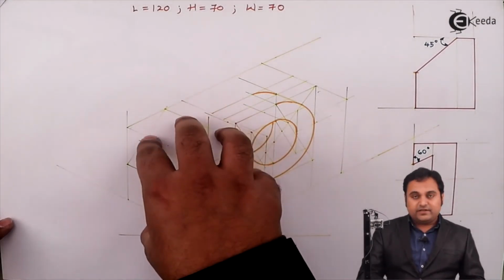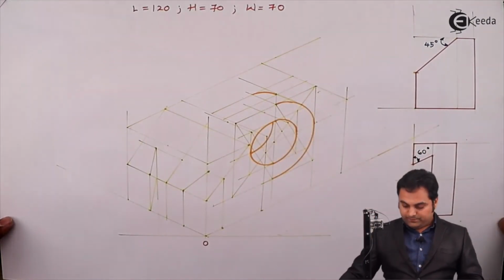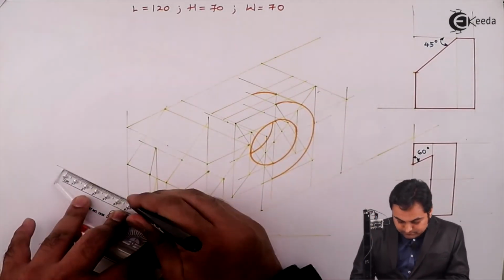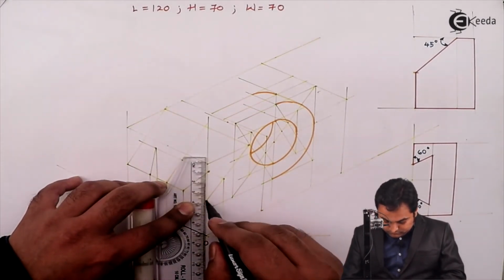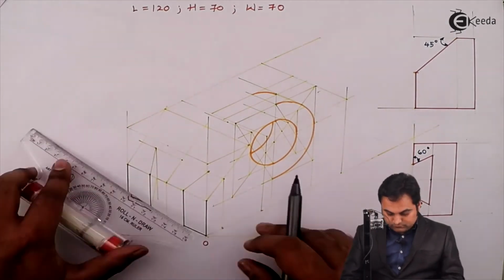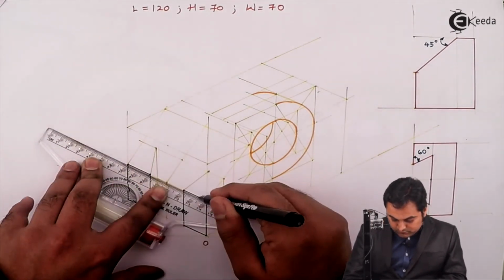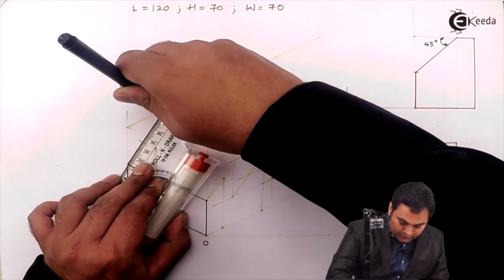So first I'll be making this block dark, then moving on to the semicircular and circular part. I'm making this slope dark.